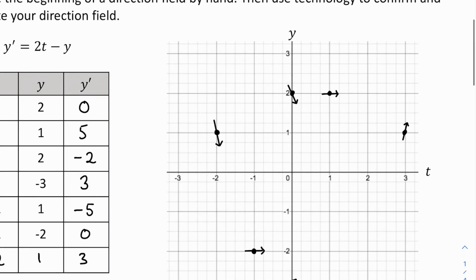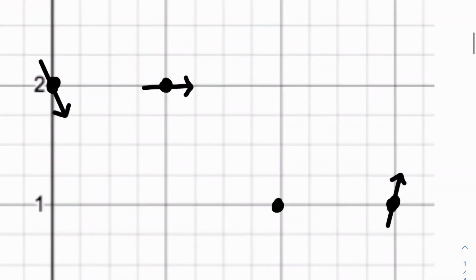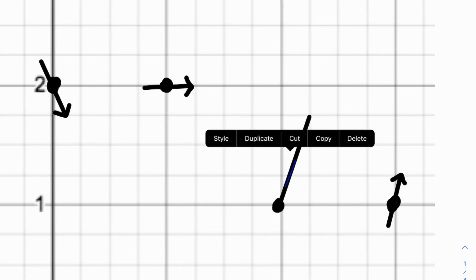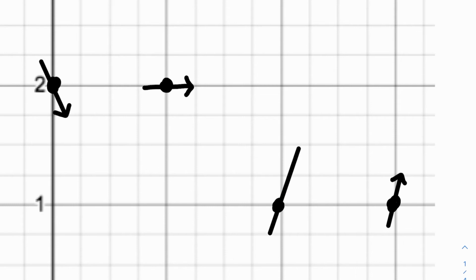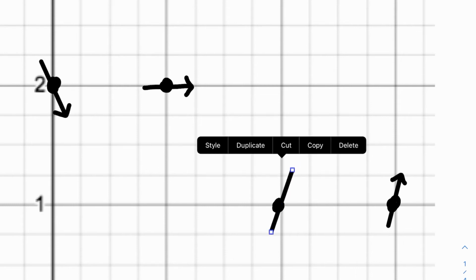So 2, 1 is located right here, and we expect a slope of 3 at this one. 3 is not as steep as 5. So this line is a little bit less steep than that one was. But once they get very steep, it gets hard to tell with the naked eye just how steep these things are. Move that down slightly and then shrink it a little bit.